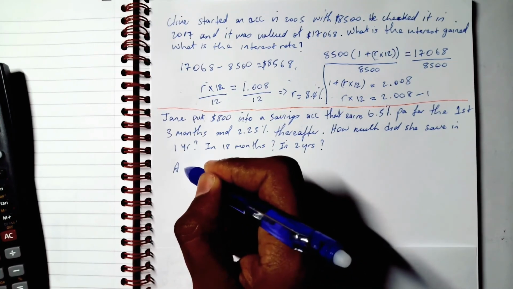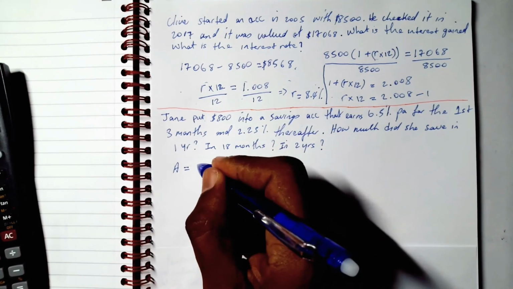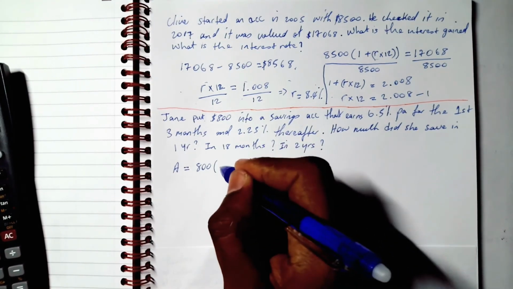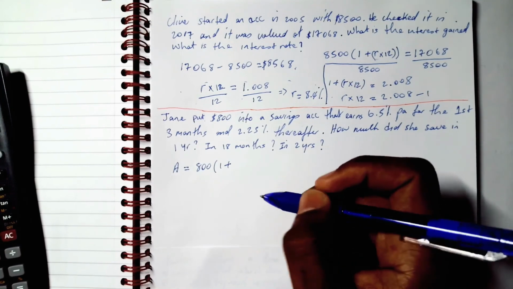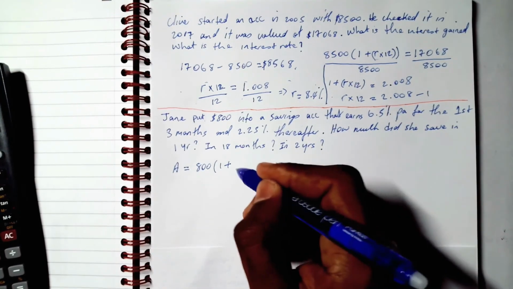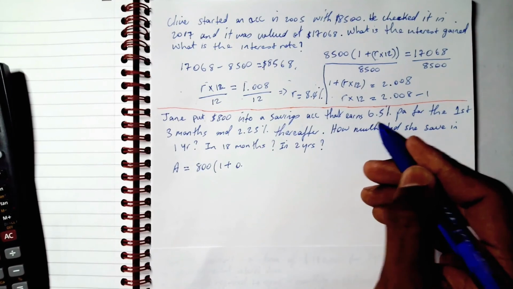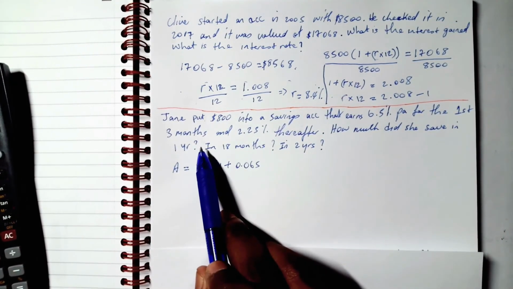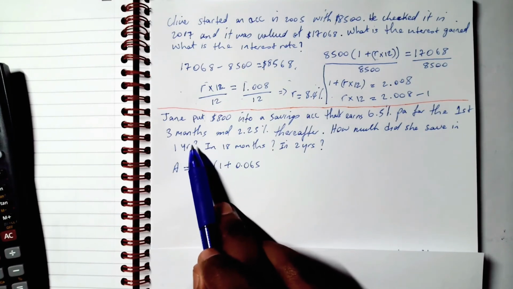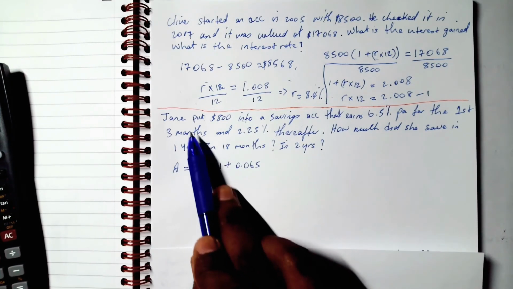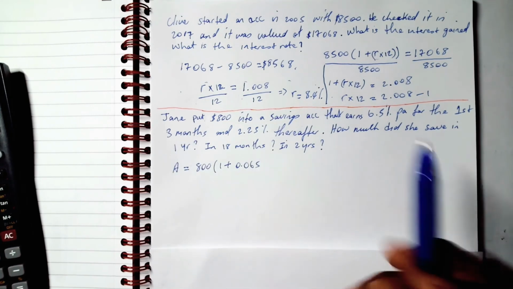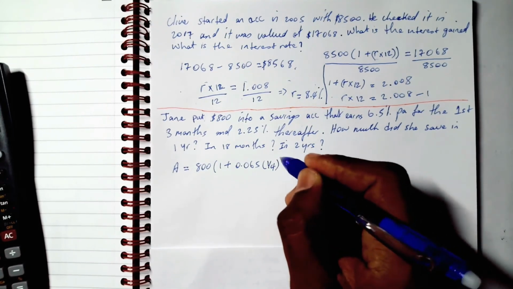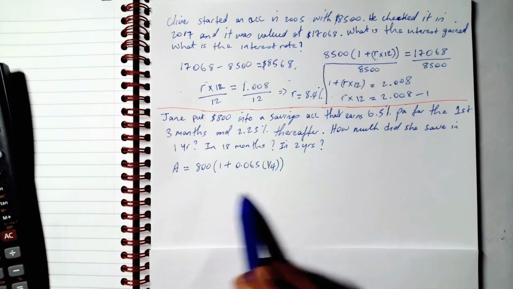A is equal to, in this case, the principal is going to be 800 multiplied by 1 plus, so the 0.065 is applied for the first 3 months. So we must represent this 3 months in years, which is going to be a quarter of a year. Accumulate this.